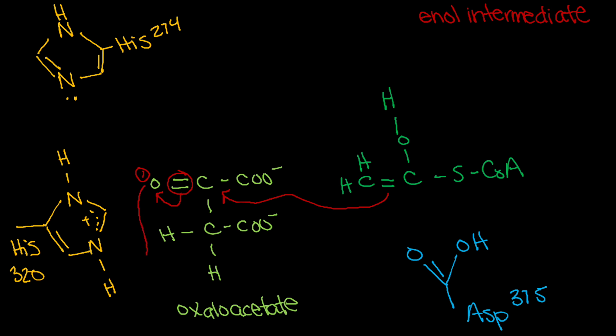That lone pair will attack the hydrogen on histidine 320, and this lone pair over here is going to go to the nitrogen. What is important to note is that when the nitrogen gained this lone pair, it lost that positive charge character and it formed a double bond with its adjacent carbon. The same thing will happen in the case of this histidine. When it loses its hydrogen, it gains a lone pair, it will form a double bond between its adjacent carbon.